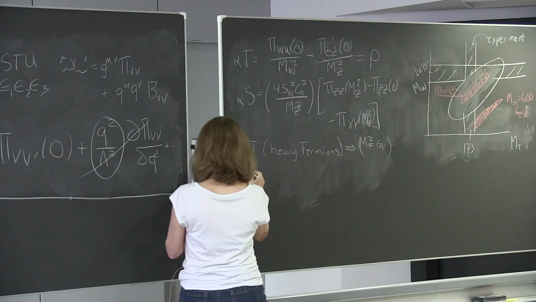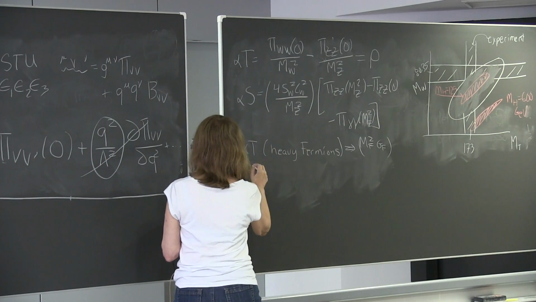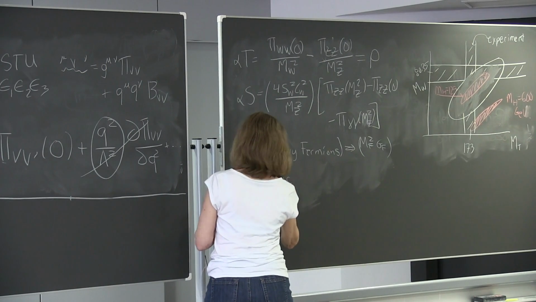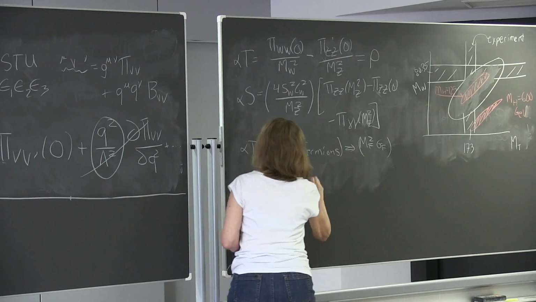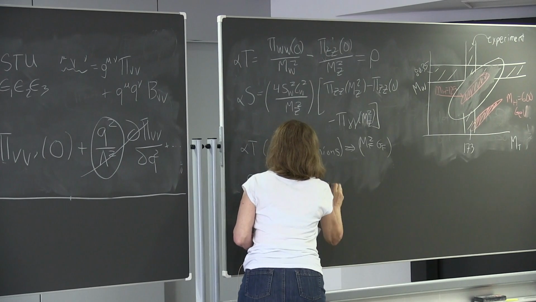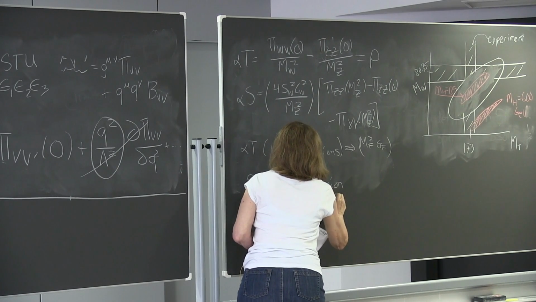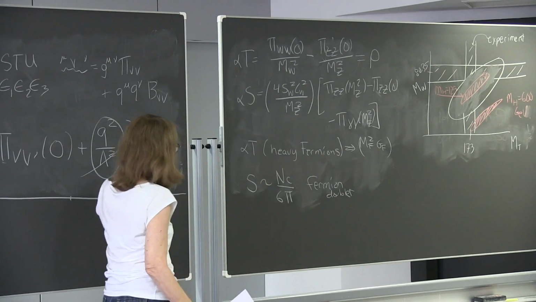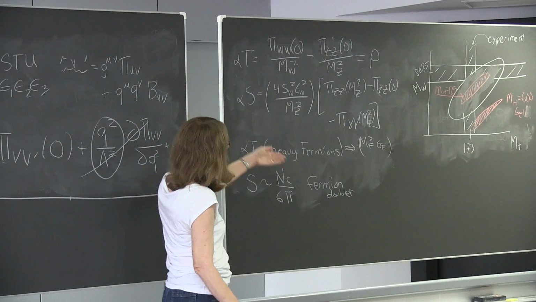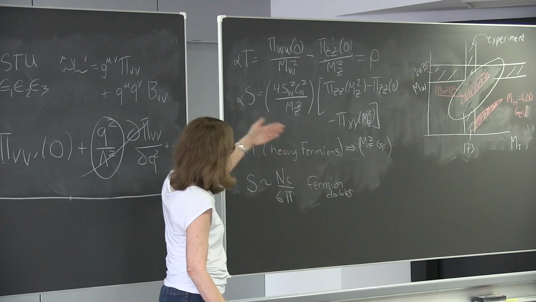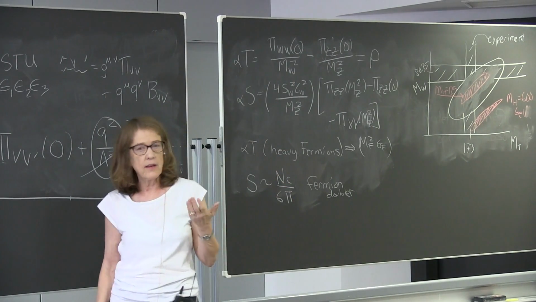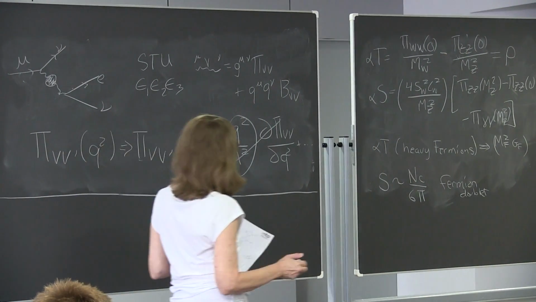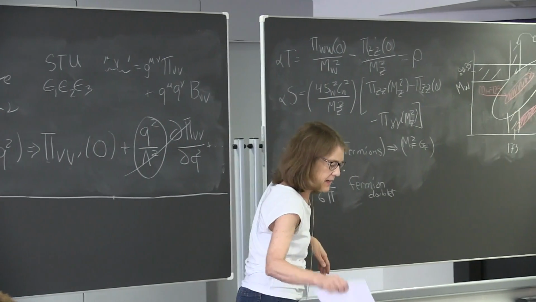And alpha S is going to go like n color over 6 pi for a fermion doublet, and other values for other things. Okay, so the point is that T tends to be bigger than S, but S is still non-negligible. It gives you things like 1 over 2 pi. Well, this is pretty cool because it's dead easy to calculate.